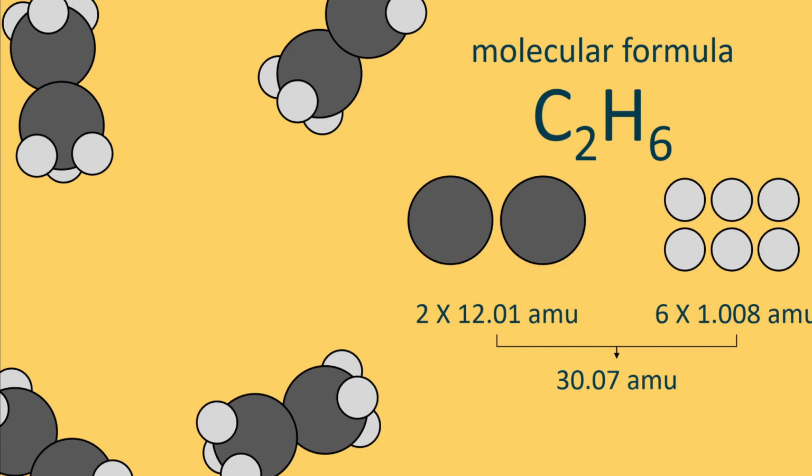And of course, we divide the total mass of carbon by the total mass, and then divide the total mass of the hydrogen by the total mass of the entire compound. And it gives us 79.88% carbon and 20.11% hydrogen.